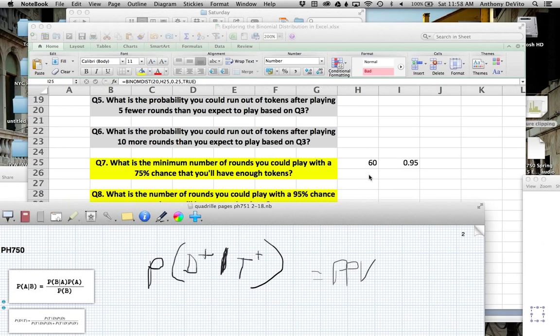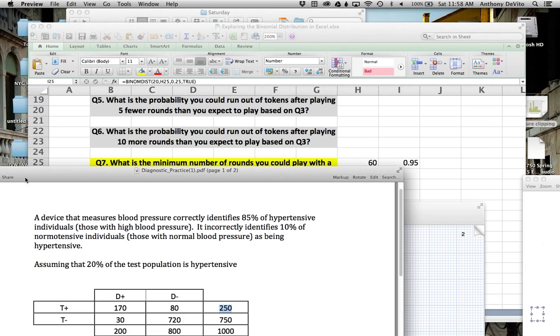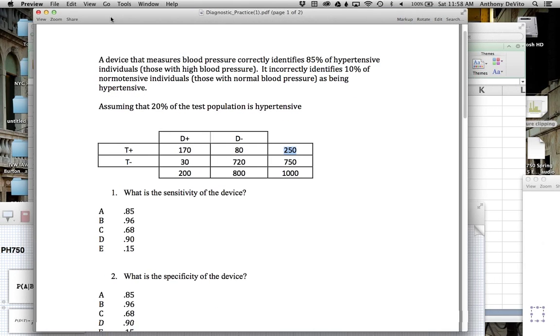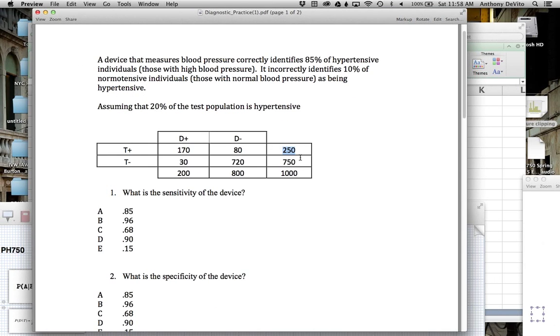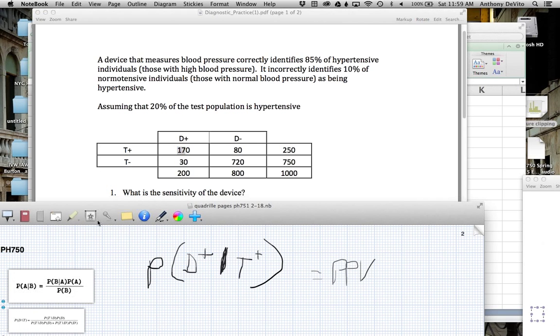The easiest way is to calculate it through that table. This is the number of people that tested positive. This is the number of people who actually had the disease. Given that you tested positive, you're down to 250 people. What's the probability you have the disease? 170 people out of the 250. That's our positive predictive value.